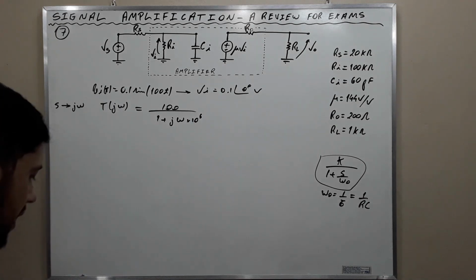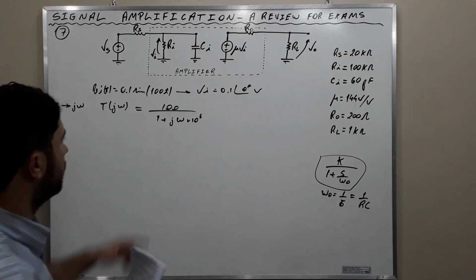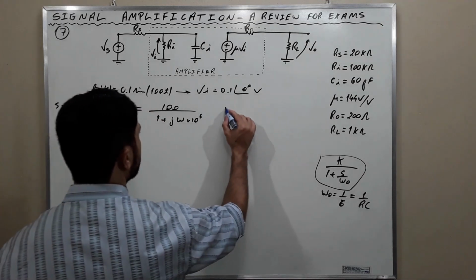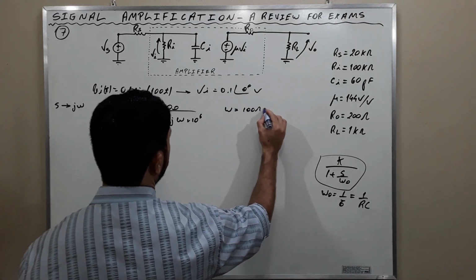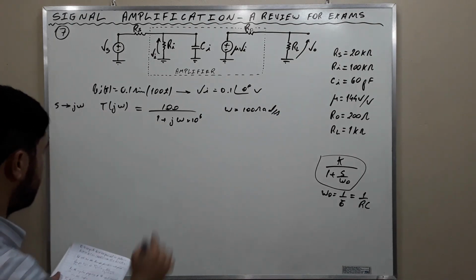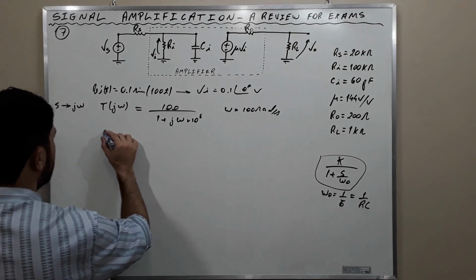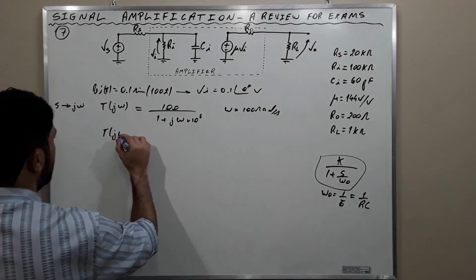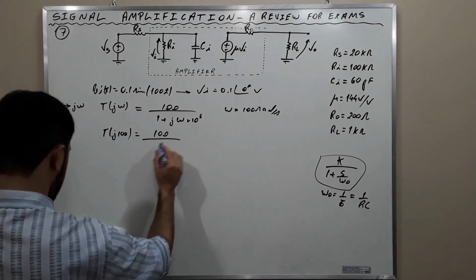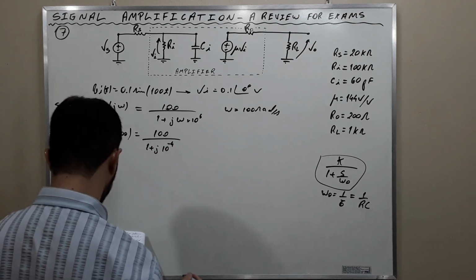As the angular frequency of the input signal is 100 radians per second, if we substitute it here for W equal to 100, it is 100 divided by 1 plus j10 to the negative 4.